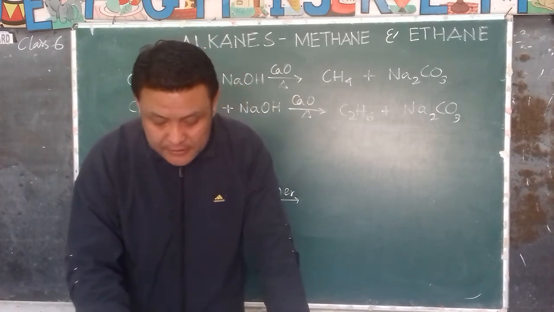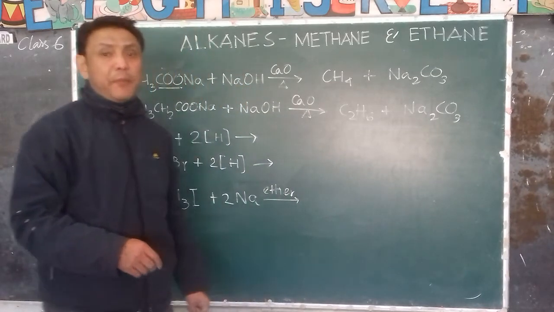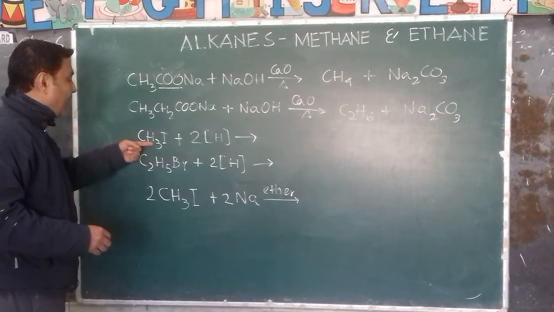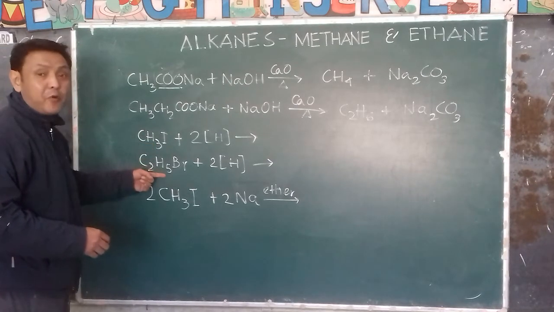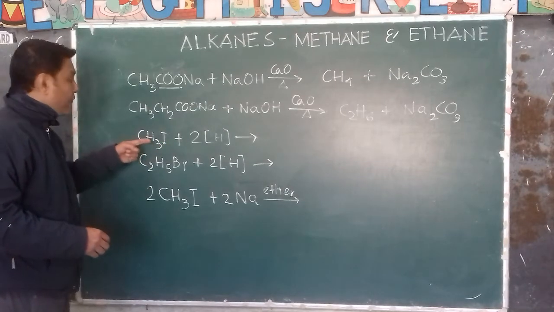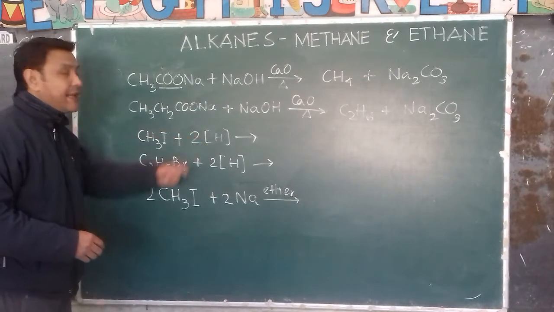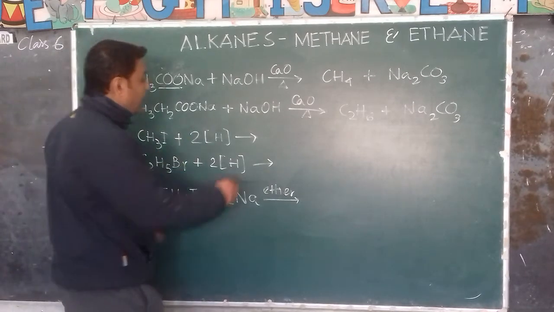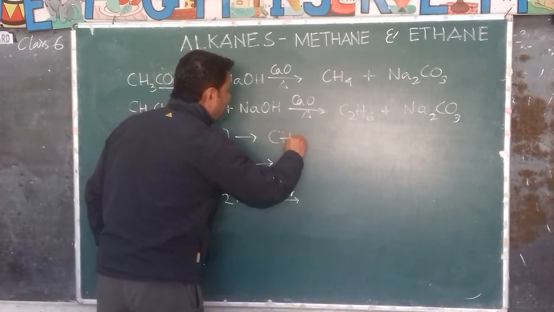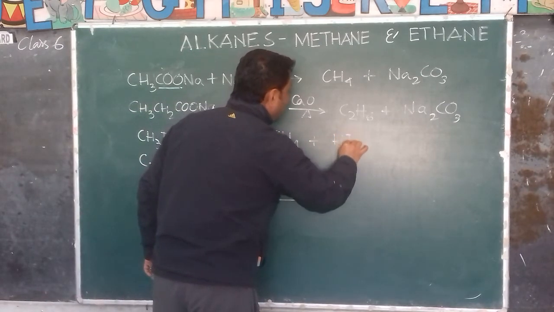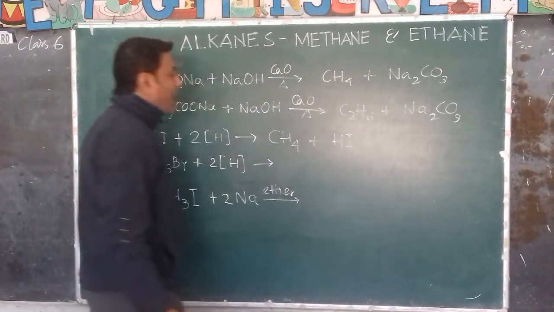Now, the general methods for preparation of methane and ethane are from the alkyl halides, methyl iodide and ethyl bromide, or iodomethane and bromoethane. From methyl iodide, we react it with nascent hydrogen. When we react it with nascent hydrogen, we get methane, CH4, and hydrogen iodide or HI, hydroiodic acid.